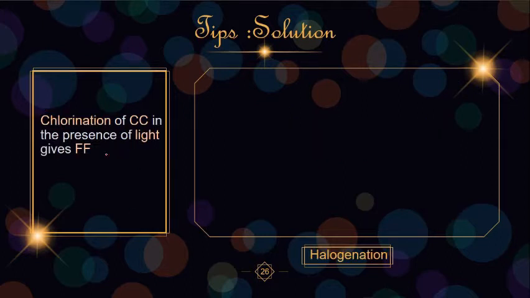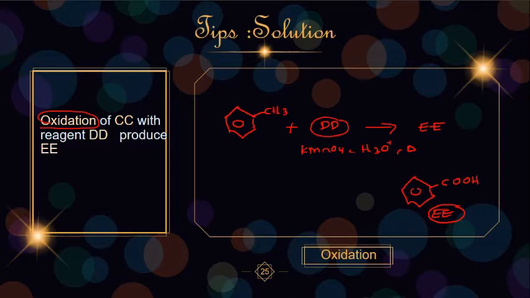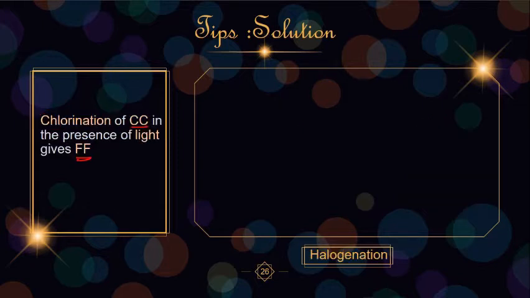Okay, the next question is chlorination of CC in the presence of light gives FF. Okay, kita go back. What is the CC tadi? Okay, CC kita tadi adalah alkyl benzene. Mention balik. Okay, so alkyl benzene kita tadi, CH3. Okay, you campur dengan chlorine with the presence of UV light. Okay, sekarang ni kita letak dalam CH2Cl2 or CCl4 lah.